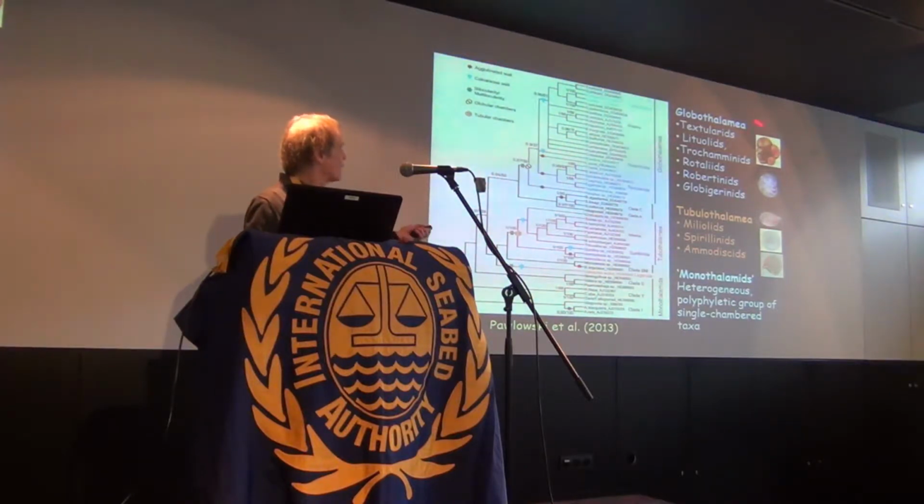The Globothalamea, which includes the multi-chambered agglutinated taxa, and the rotaliids, the robertinids, and the globigerinids. The globigerinids I didn't mention. These are planktonic calcareous forams. And then the Tubothalamea, which includes the miliolids, and then two small taxa with a spiral tubular test. In the spirillinids, the test is calcareous, and in the ammodiscids, the test is agglutinated.